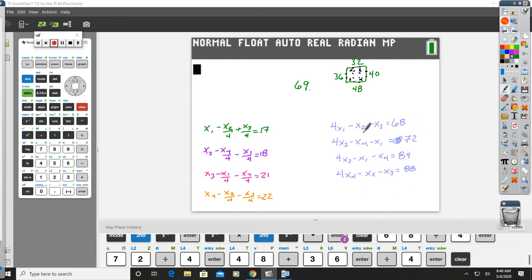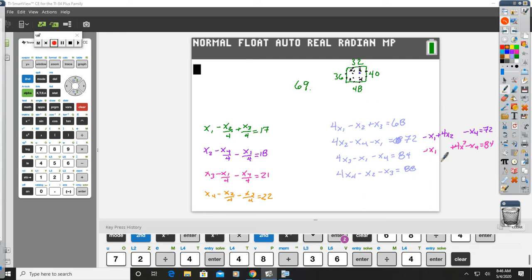Now I'm going to put these in order. This first one's done for me. I don't have to change its order. But the next one, if I put it in order, is negative x1 plus 4x2, no x3s, minus x4 equals 72. This next one, if I put it in order, is negative x1 plus 4x3 minus x4 equals 84.